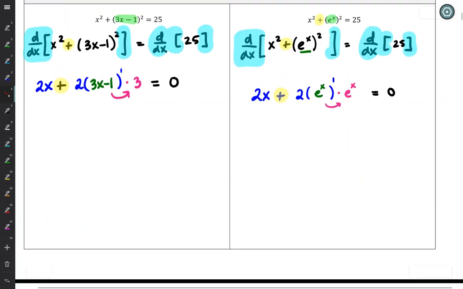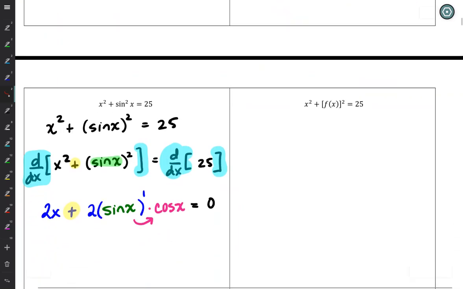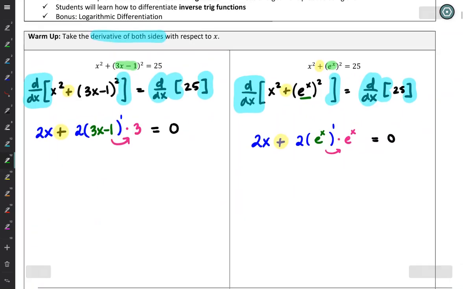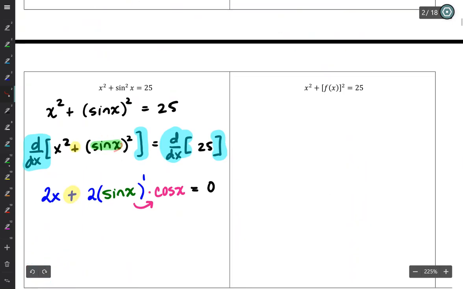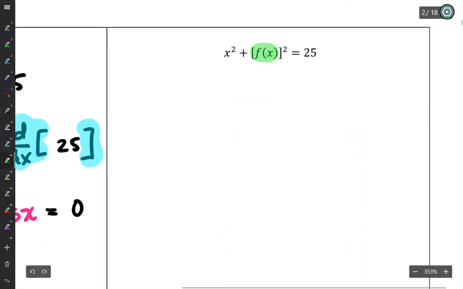So now, imagine we just have any old function of x, not specifically 3x minus 1, not specifically e to the x, not specifically sine x, but any old function of x. We're going to take the derivative of both sides the exact same way.